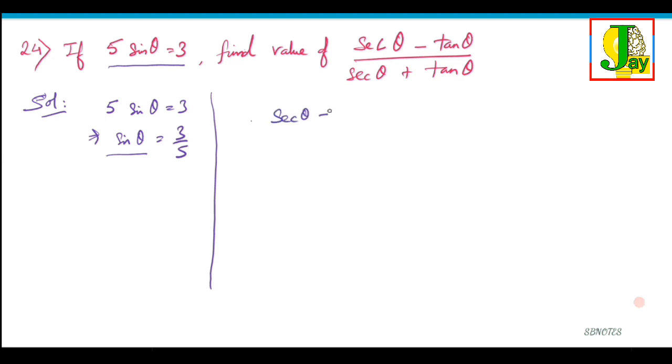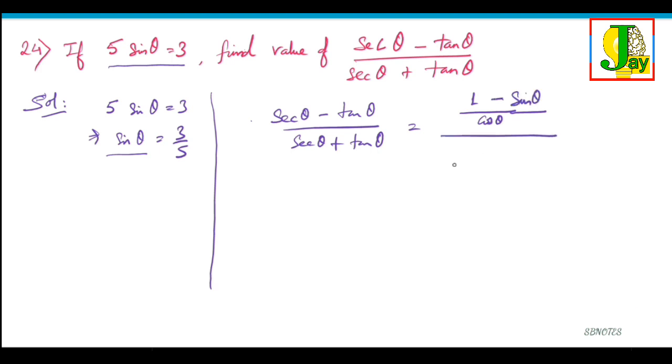So we have sec theta minus tan theta by sec theta plus tan theta. The trick is actually to multiply with cos theta, and it gets cancelled anyway. In the numerator, we get 1 by cos theta minus sin theta by cos theta, so the LCM is cos theta: 1 minus sin theta by cos theta.